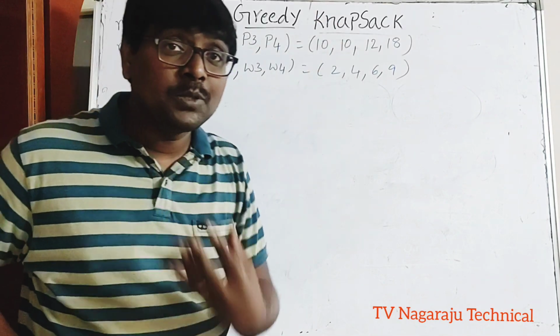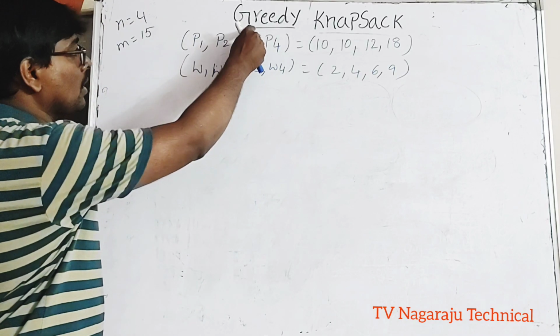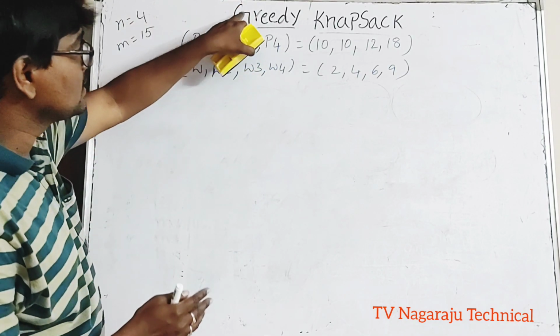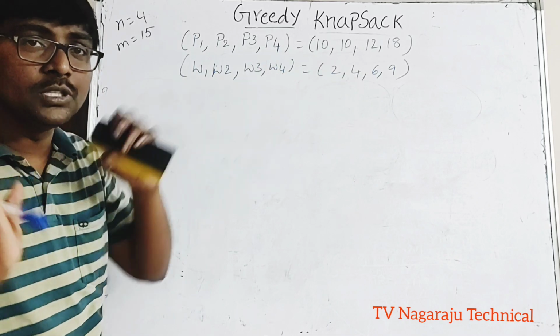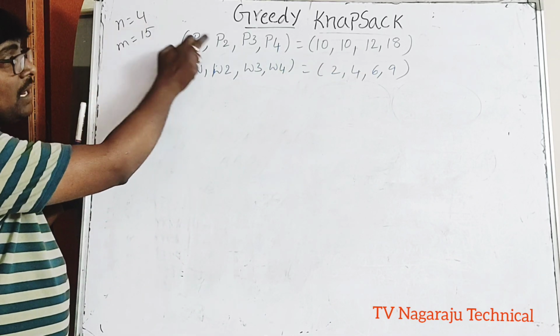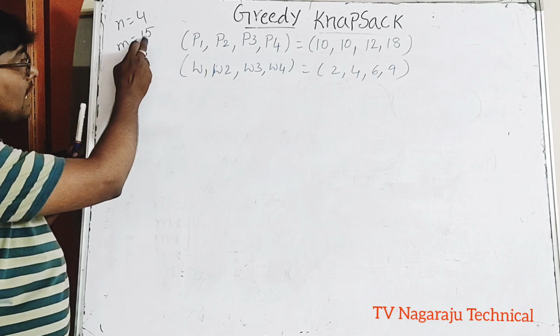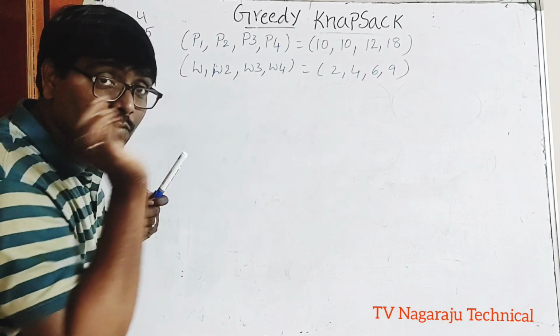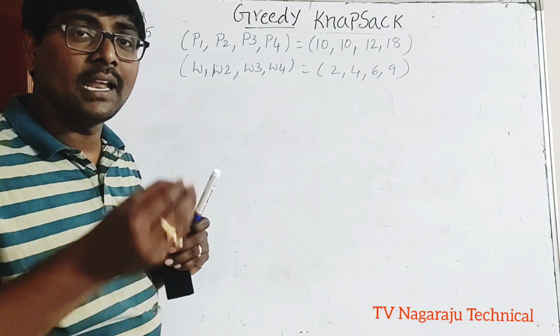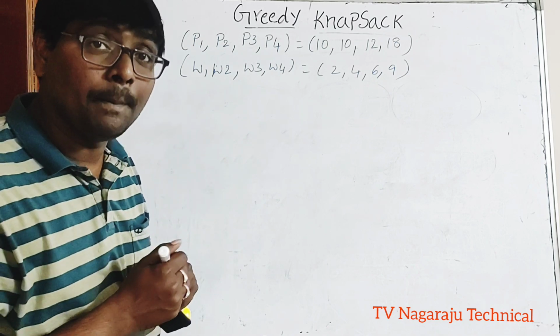Now this knapsack is implemented by using the greedy approach. What is the procedure we are following in this approach? Consider this example. Given 4 objects and the capacity of the knapsack is 15. The first step is to calculate the ratios of profit by weight.